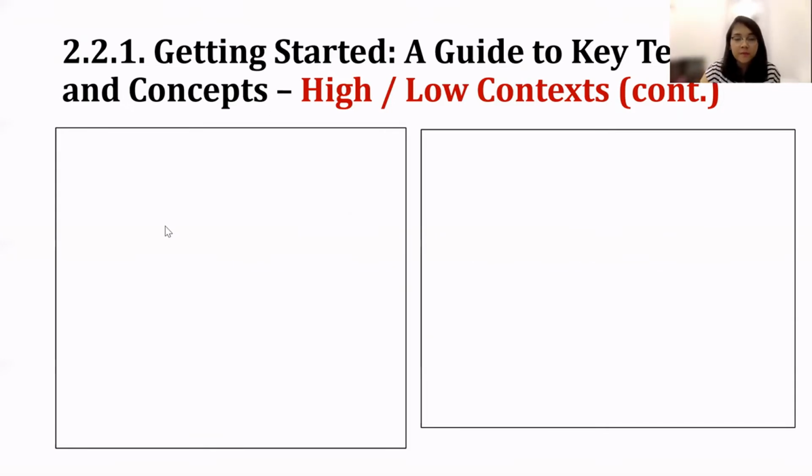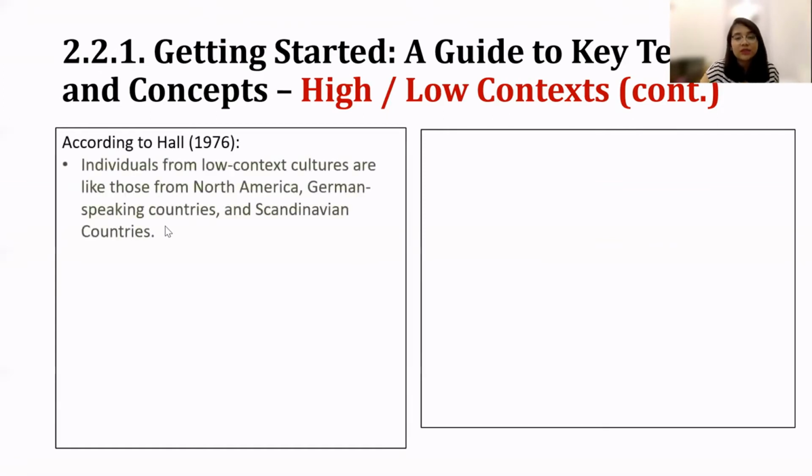So let's see what makes high context culture different from low context culture, and it's from the same researcher, Hall, in 1976. Individuals from low context cultures, the ones in the left box, and the ones in the right box are for high context culture.